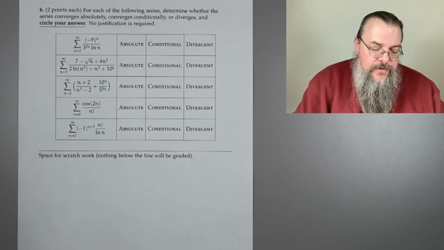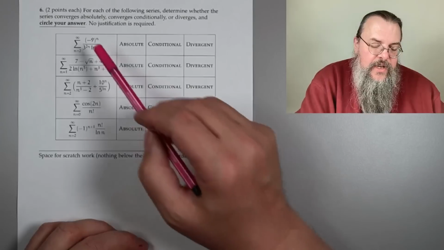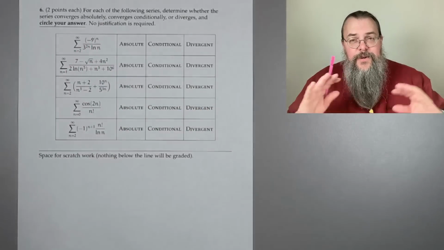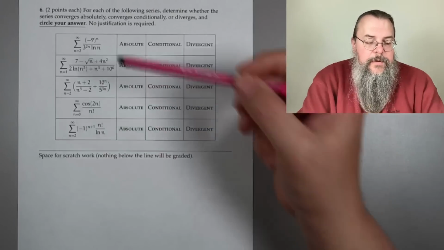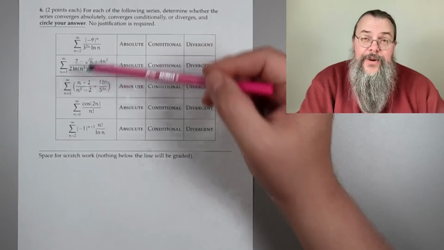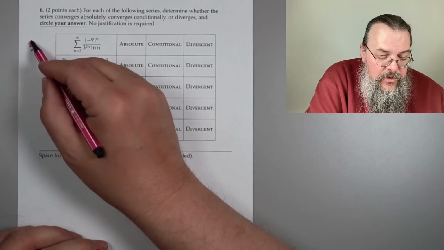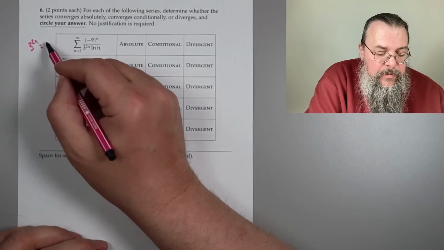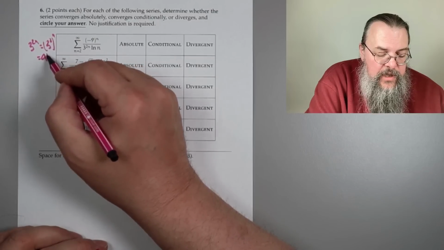So we'll start with the first one. Never worry about where your sum starts, because again, the first few terms don't matter. Focus on the end. So what do we see? There's a minus 9 to the n and 3 to the 2n. Now we say, hey, wait a second. 3 to the 2n, that's the same as 3 squared to the n, which is 9 to the n.